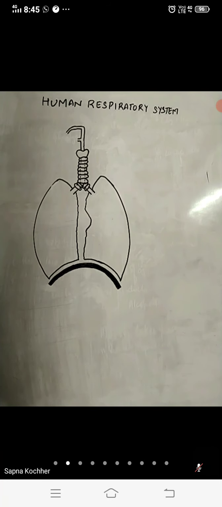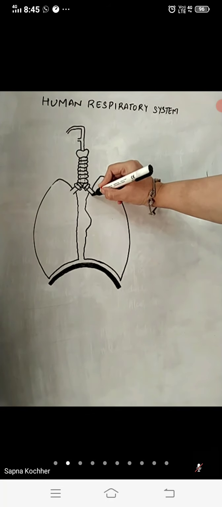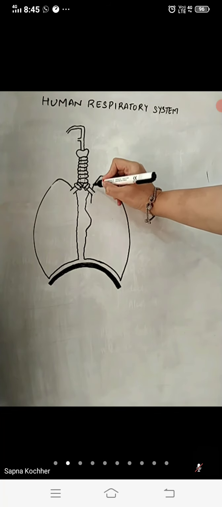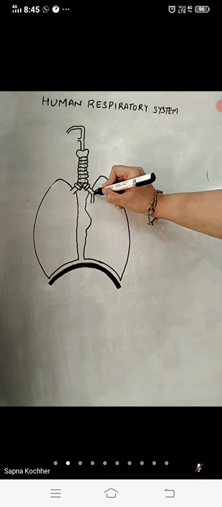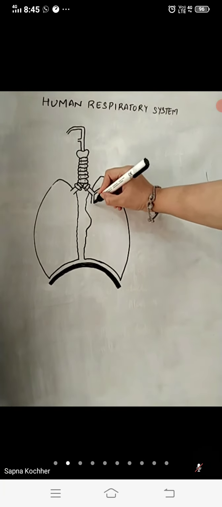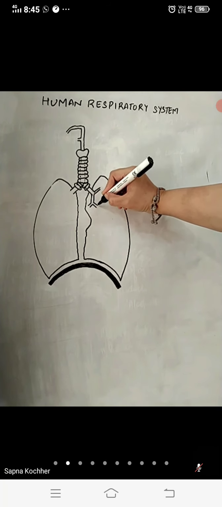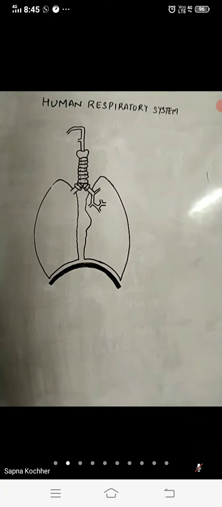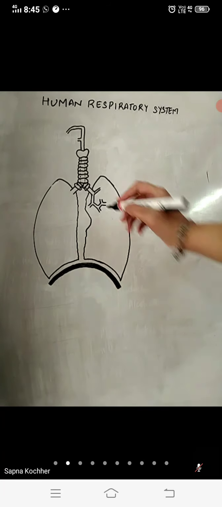Okay, now coming to the inside of the lungs. As the bronchi reach the inside of the lungs, they start showing their branches. They branch up profusely. Profusely means there is a big branching pattern. These branches and then their branches, so there are a number of branches that can be formed afterwards.